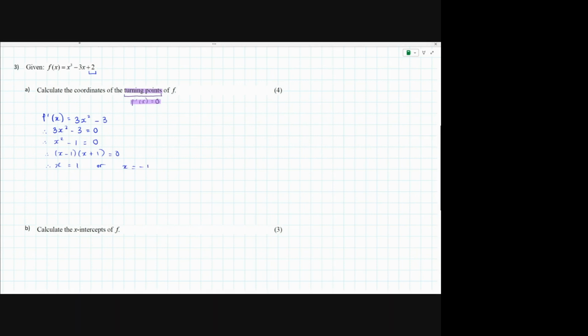Just a quick tangential comment here, grade 12s. A lot of you from this point like to then say x squared equals 1 and then square root both sides. I have absolutely no problem with that. But please remember, when you square root a value, you need to have that plus or minus.